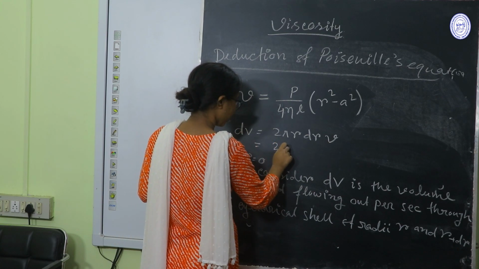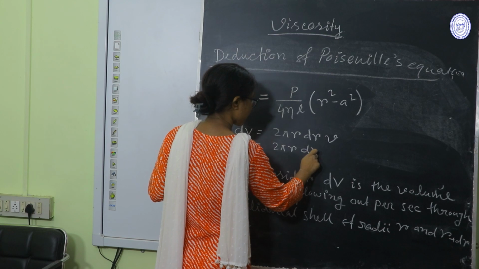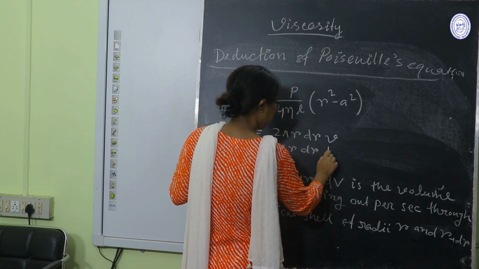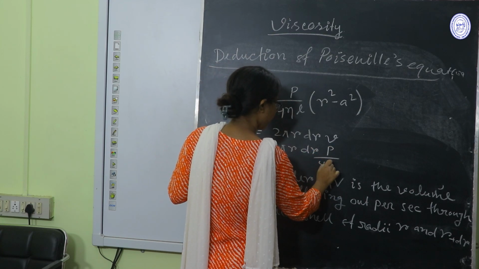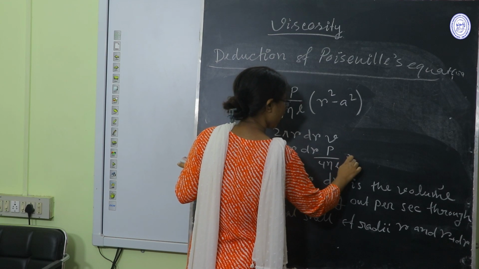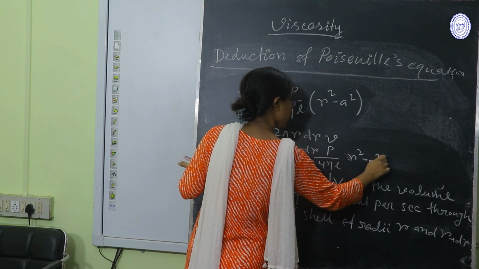Now, putting the value of v in this equation, dV equals 2 pi r dr times P by 4 eta L into r square minus a square.